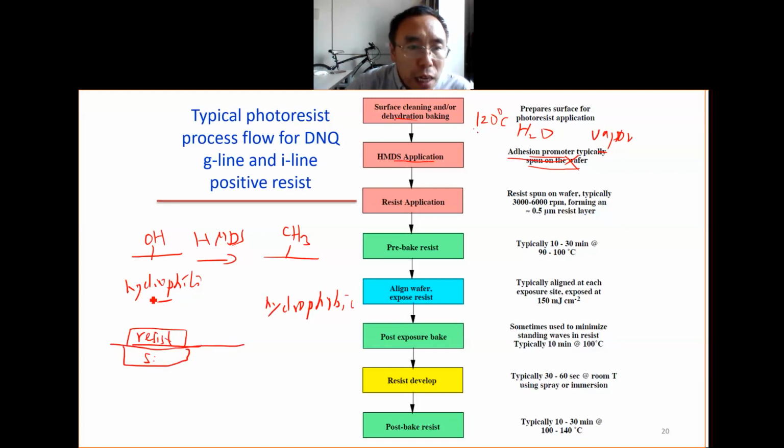When it is hydrophilic, the developer is water-based, like this. This is the developer. When we have the hydrophilic surface, the developer tends to come in between, and then the resist peels off. There will be resist peel off.